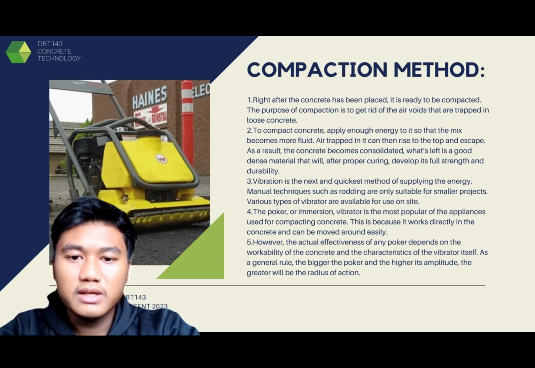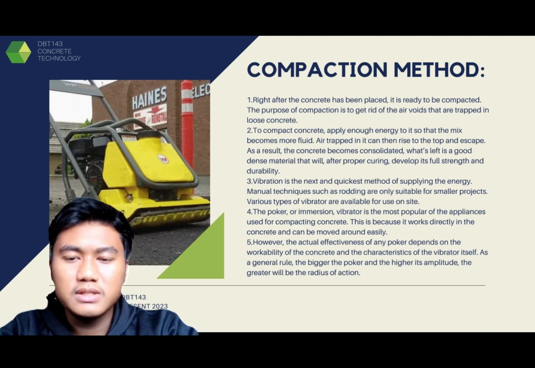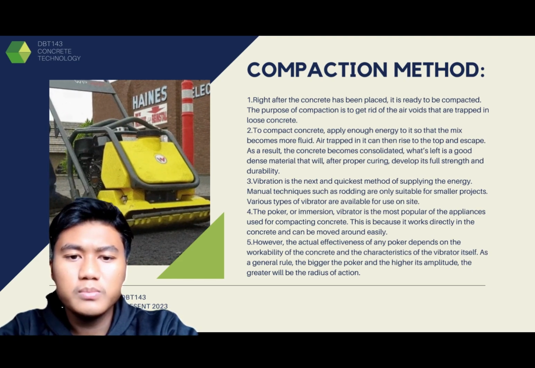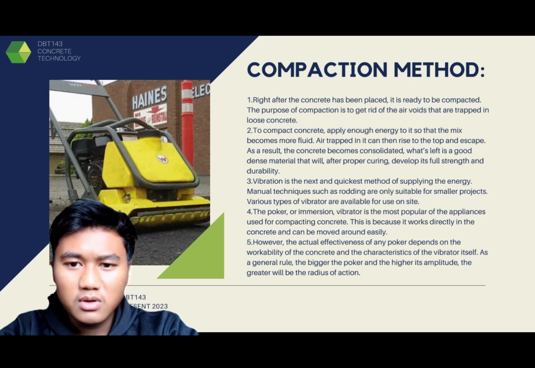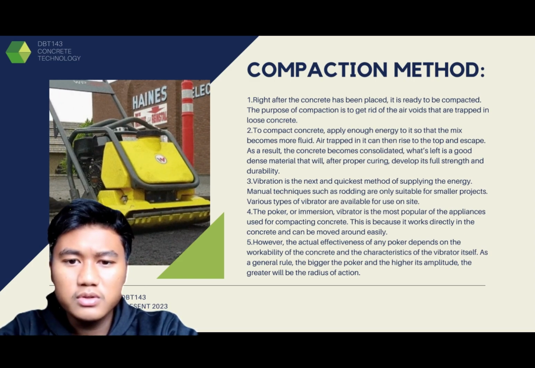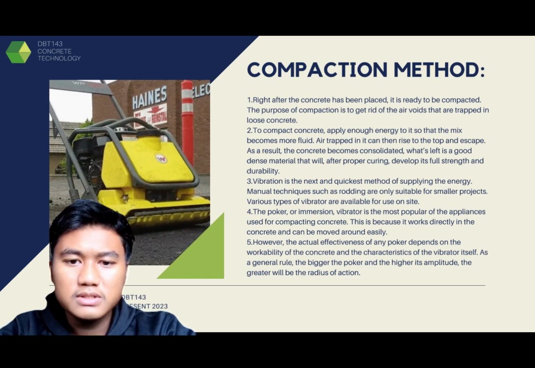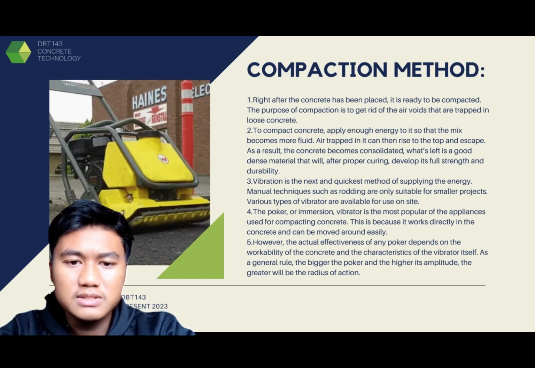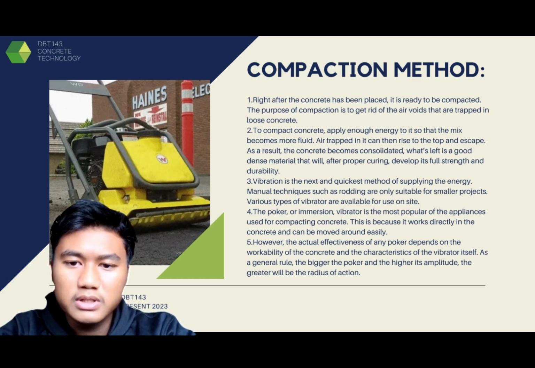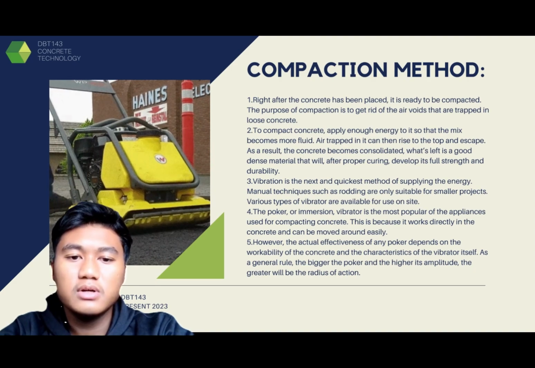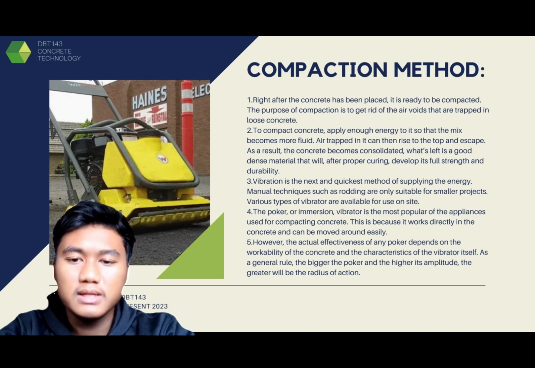Vibration is the next and quickest method of supplying energy. Manual techniques such as rodding are only suitable for smaller projects. Various types of vibrator are available for use on site. The poker or immersion vibrator is the most popular of the appliances used for compacting concrete. This is because it works directly in the concrete and can be moved around easily.